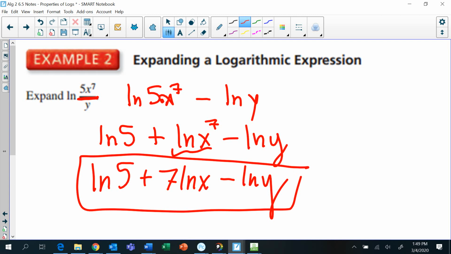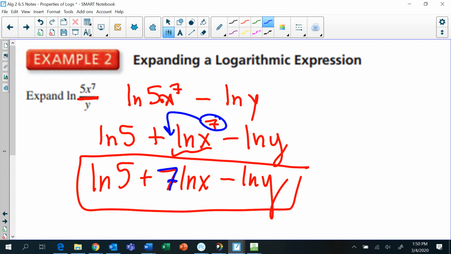Please, I don't get how you did that. What part? The 7. So the 7 is a product rule that says the 7 as the exponent goes in front and multiplies. So x is the base? No, ln is log base e. It says ln of x.